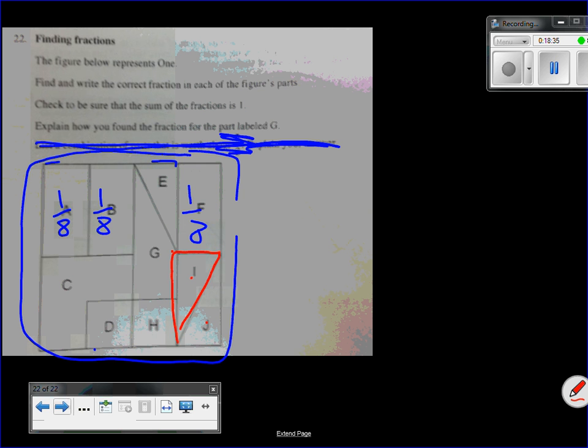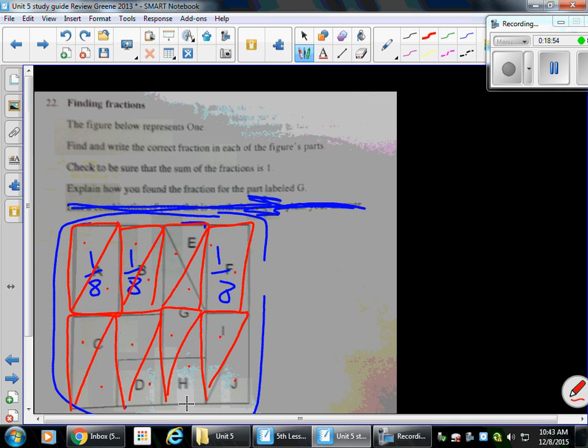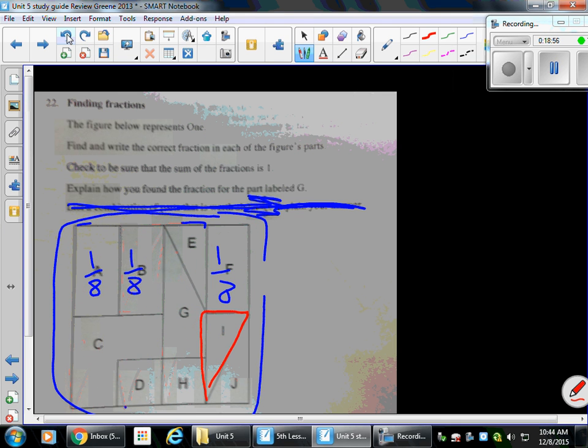So if I have 1, 2, 3, 4, 5, 6, 7, 8, 9, 10, 11, 12, 13, 14, 15, 16. See what I just did there? So that means each one of those triangles would represent 1/16. So I have 1/16 here, 1/16 here. This is 1/16. We have no more triangles.